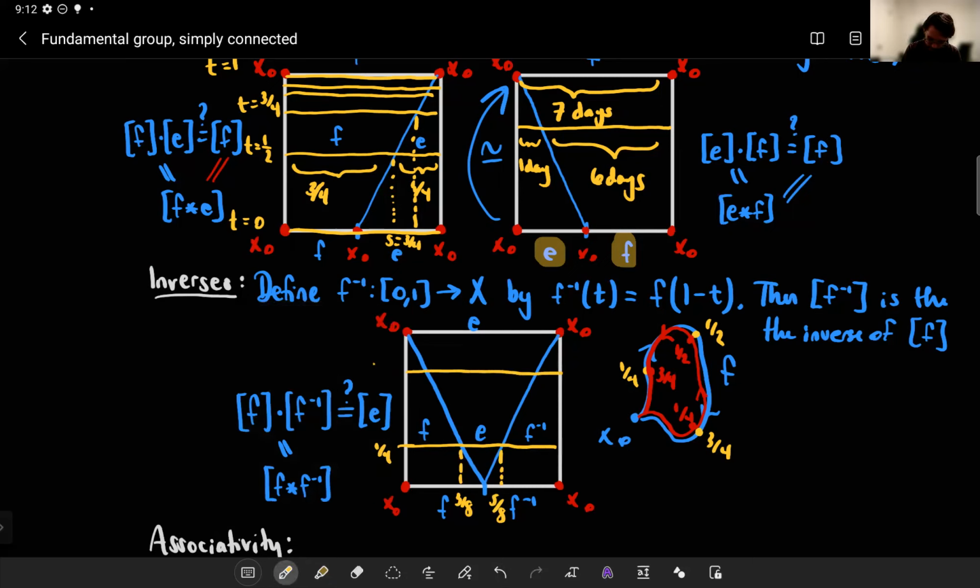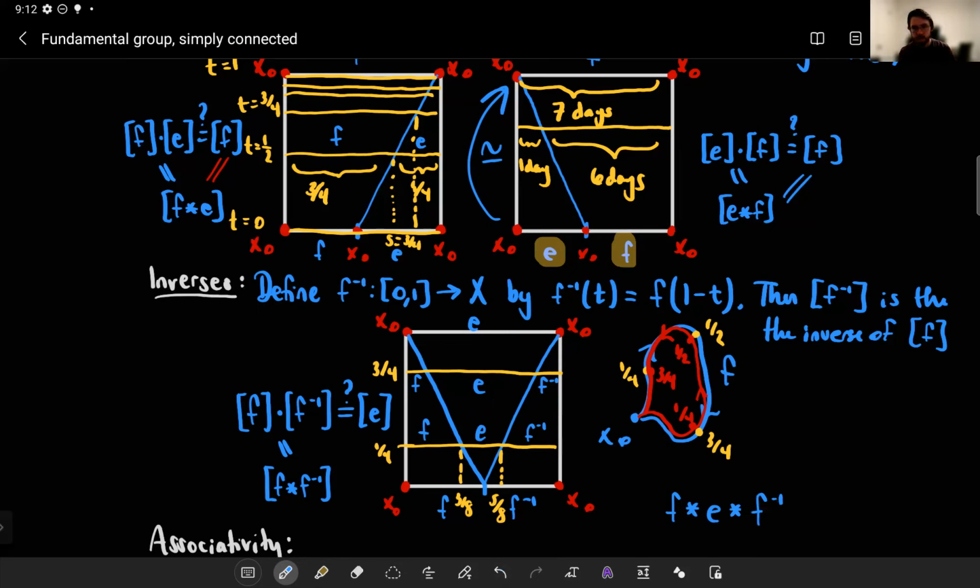Up here, maybe this is 3/4 of the way through. At this point, you're going along F. I think you still take it at double speed technically. Well, I guess it would help to sit down and write this out, huh? Really what this means when I write F, E, F inverse is I'm thinking about the path F concatenate E, concatenate F inverse.